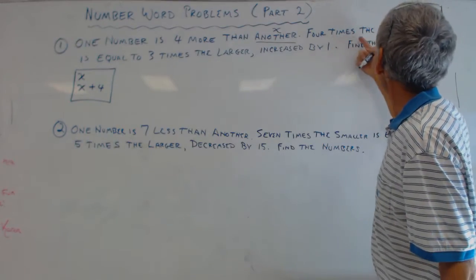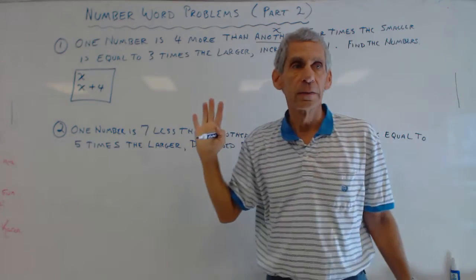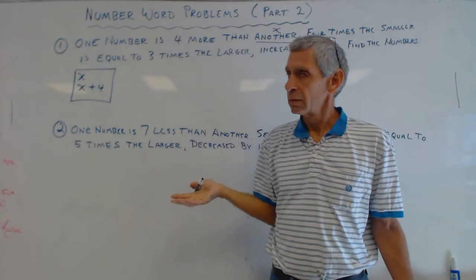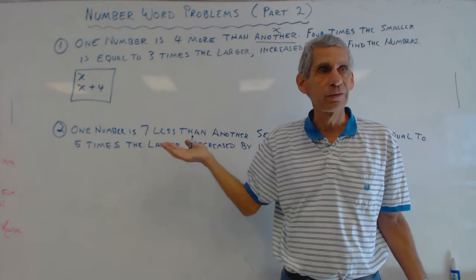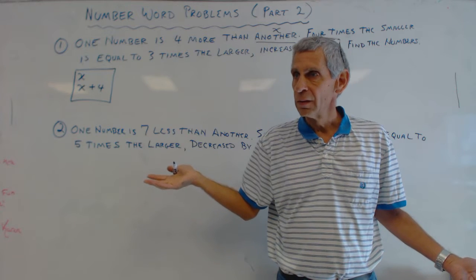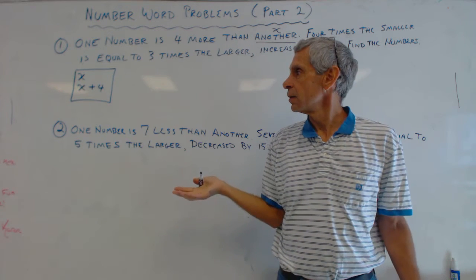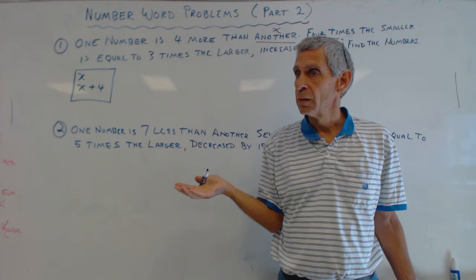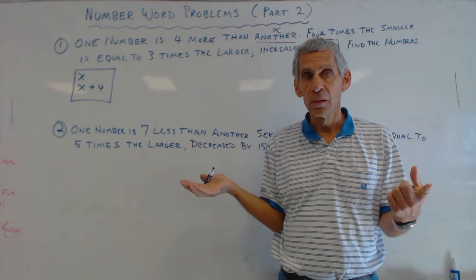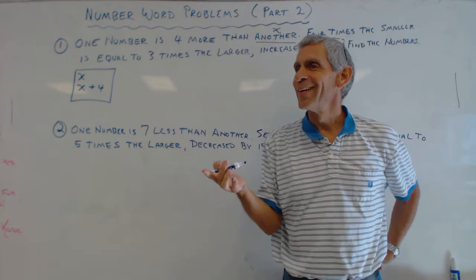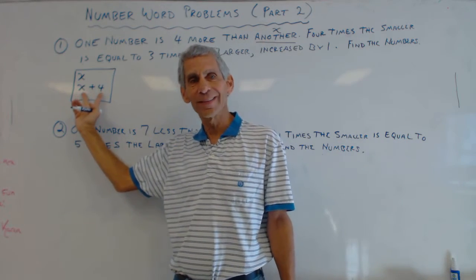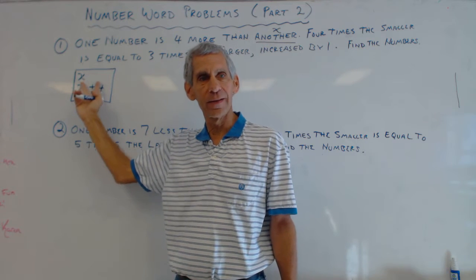It says 4 times the smaller. Oops, wait a minute. I don't know which one's smaller. How could I possibly figure out which one's smaller? The one that says plus 4 on it? That would be smaller? No, since we're adding 4 to this one, this has got to be bigger than this one, doesn't it?